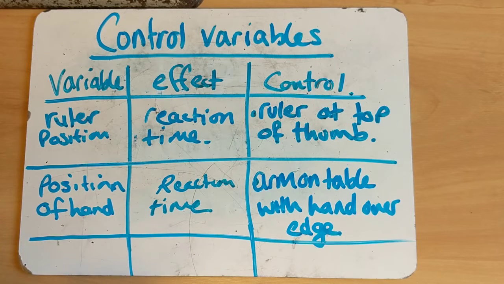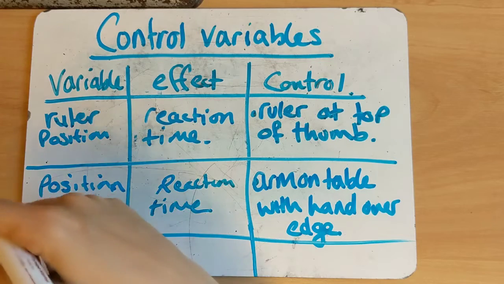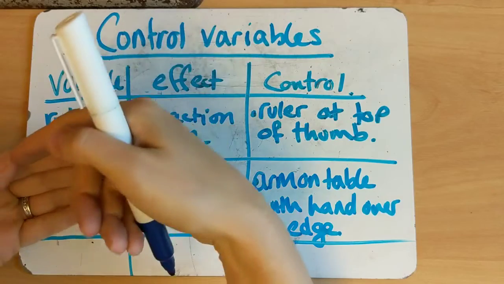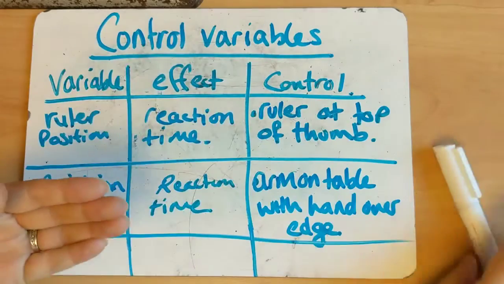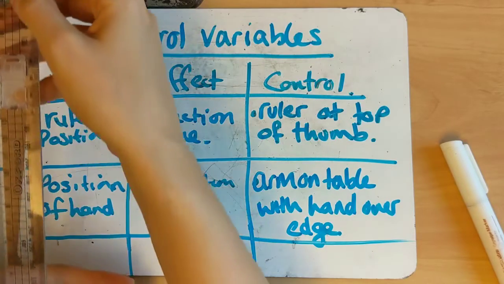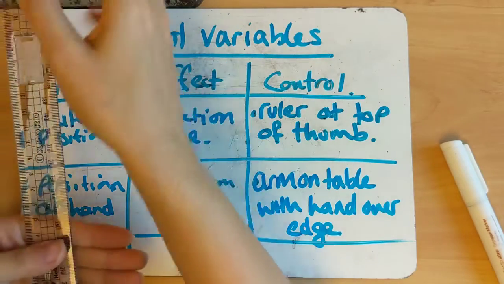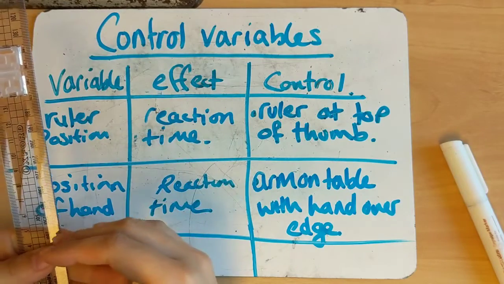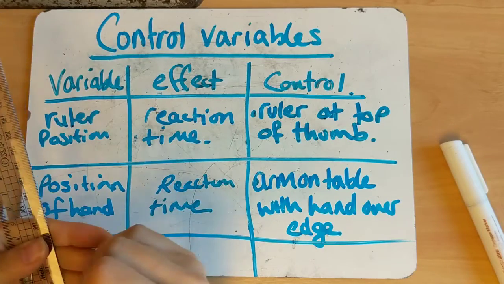Something else you can keep the same. You need to catch the ruler, the number side of the ruler needs to be on the same side as your thumb. So when you put the ruler in, if I get this one, I'll show you, because they were wooden rulers, you can't see through them, you would catch it from the 0, you catch it here, and when you take your results, you take it from the top of the thumb.